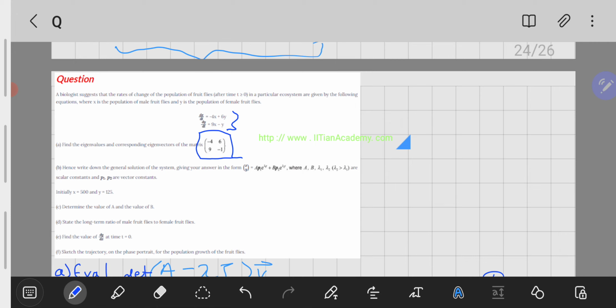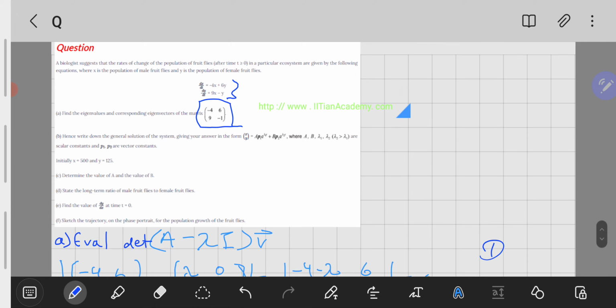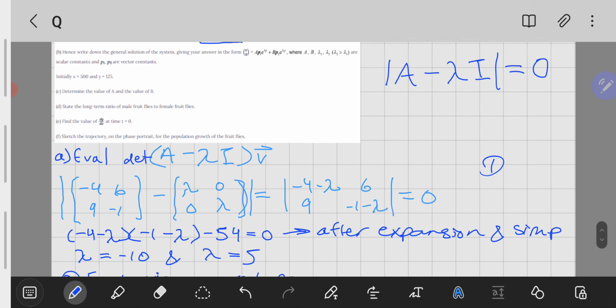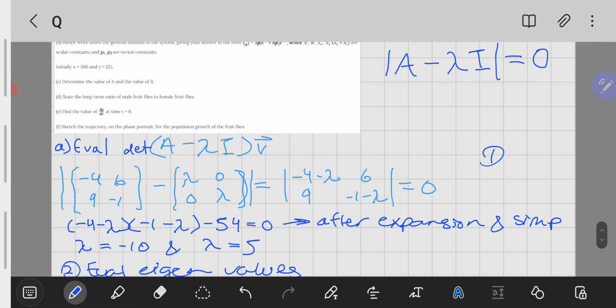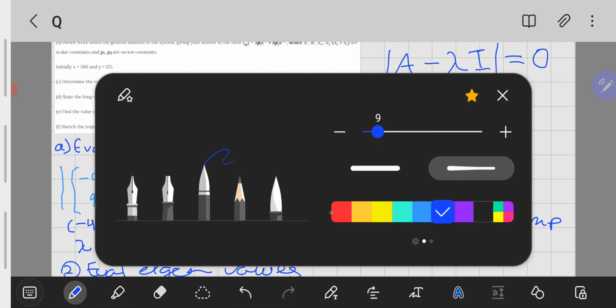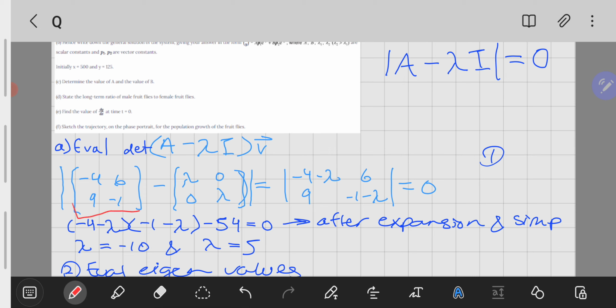Now to find the eigenvalues, we have to use the characteristic equation. We have to evaluate the characteristic equation where we say the absolute value of A minus lambda I is equal to 0. To do so, we get our matrix, write it out, and subtract the corresponding matrix.